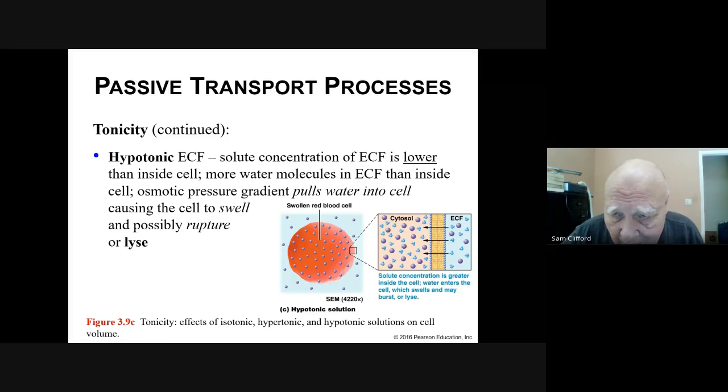If it's hypotonic, there's more water on the outside and more dissolved solute in the cell, so the cell is going to swell and burst or lyse.